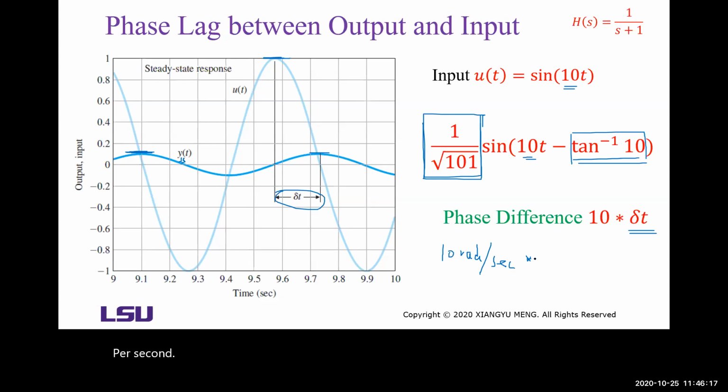Then we multiply by this time, in unit of seconds. Then we get the angle in radians, 10 times t. That will be the arctangent of 10.